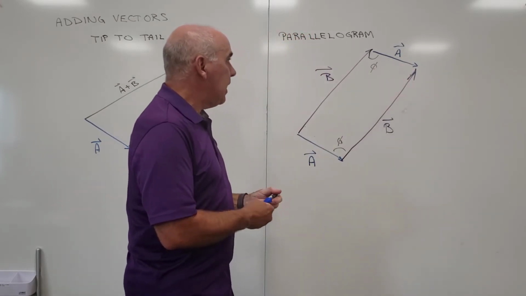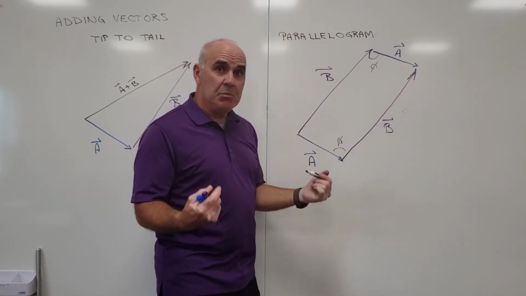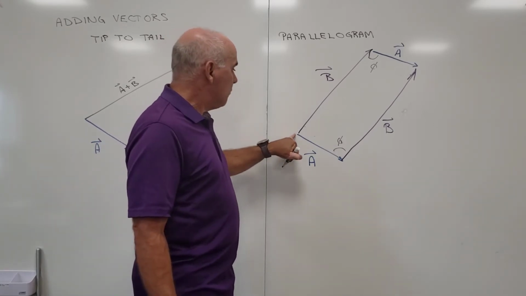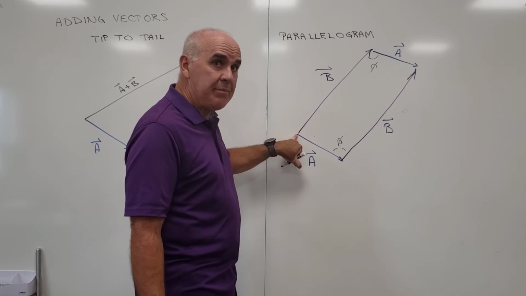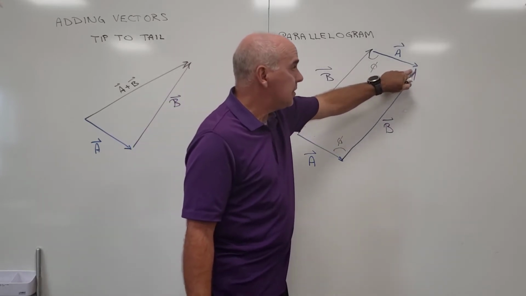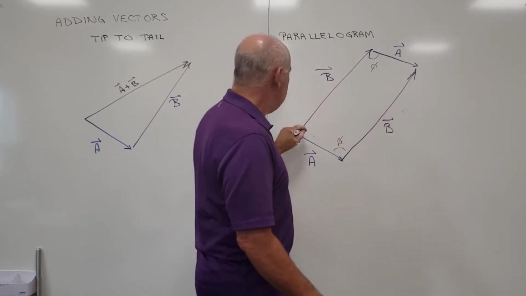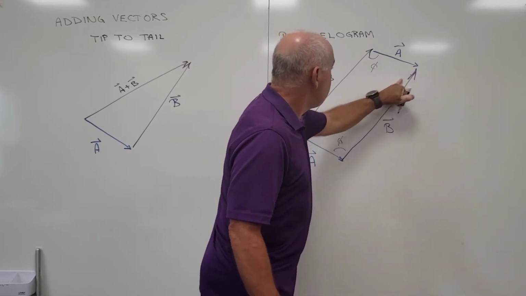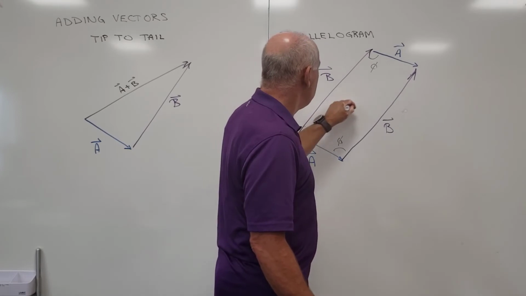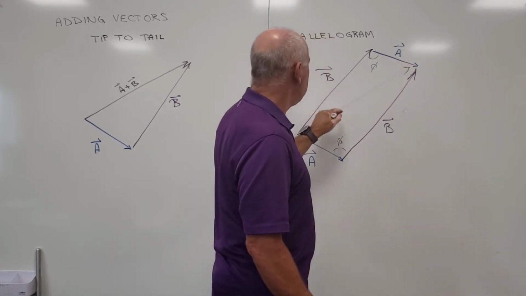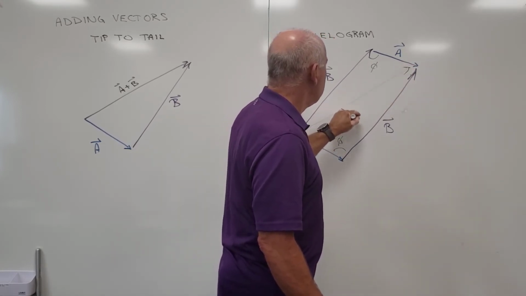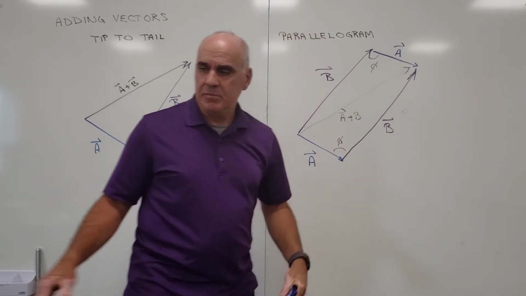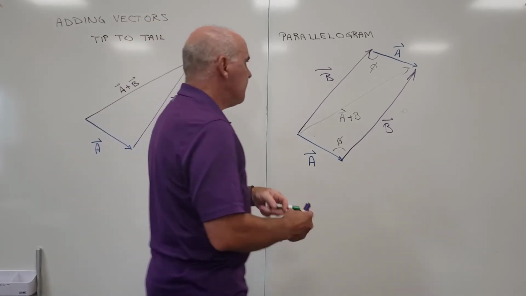And then let me say then that to find the sum of these vectors, you draw the diagonal from where the two vectors' tails came together to where the two vectors' tips come together. And so this, ooh, that's terrible. This is A plus B. Okay, let me draw that a little better.